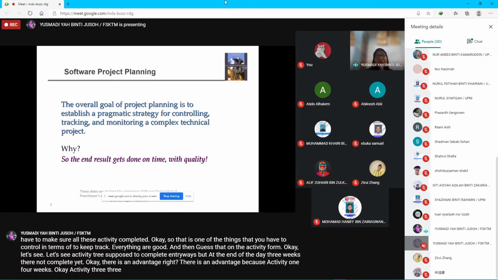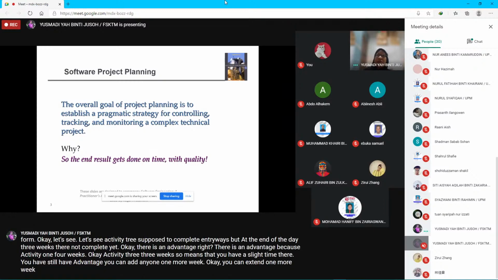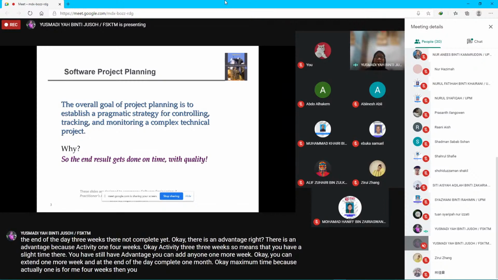So it means that you have a slack time there. You still have the advantage. You can extend one more week, and at the end of the day, complete in 1 month, the maximum time, because activity 1 is 4 weeks. Then we can start activity 4.